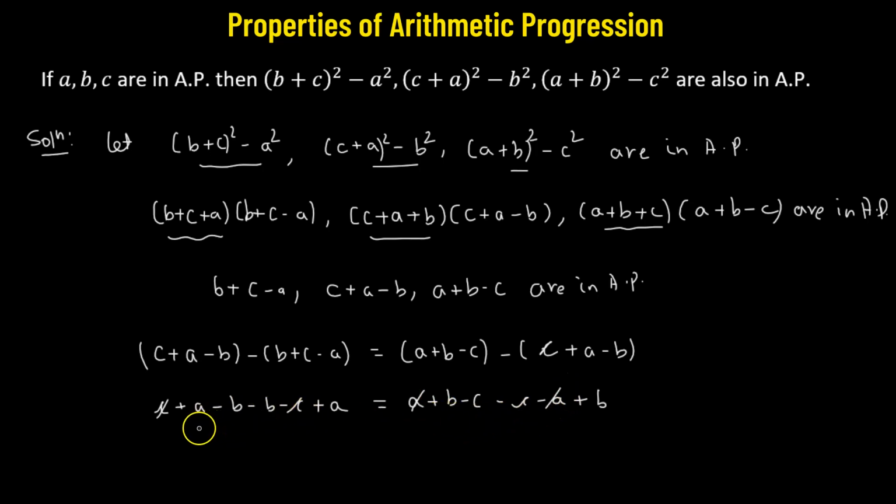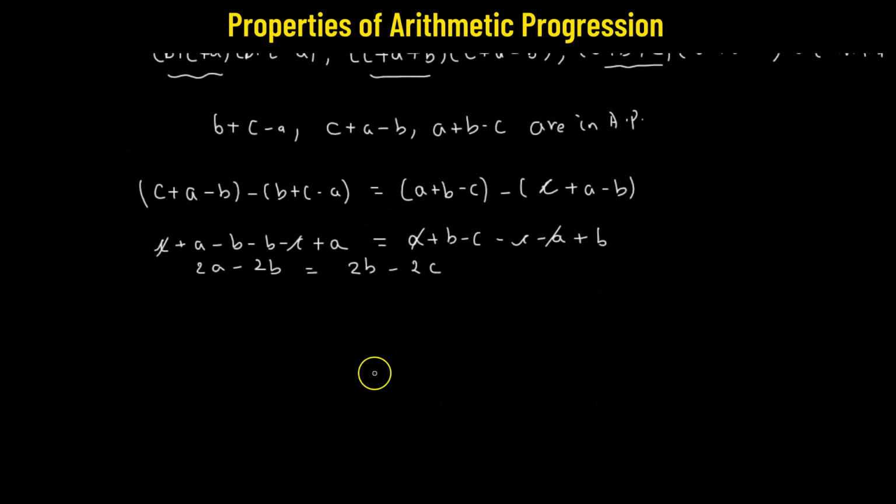So that means we have 2a minus 2b equals 2b minus 2c. Or we can take negative 2 as the common factor. This will be negative 2 times (b minus a) equals negative 2 times (c minus b).